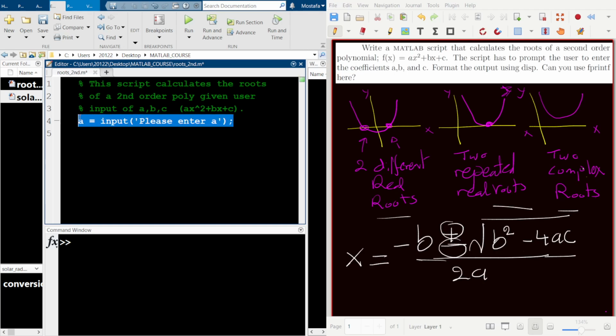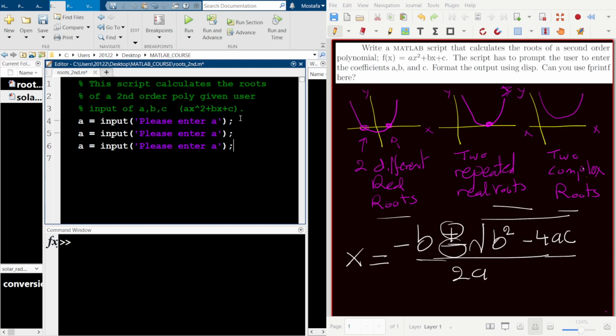I can copy this whole thing and paste it here twice because I also want to get B, so in the message I will put B, and similarly here I want to get C. I will ask the user to enter C here. So this way I'm getting user input.